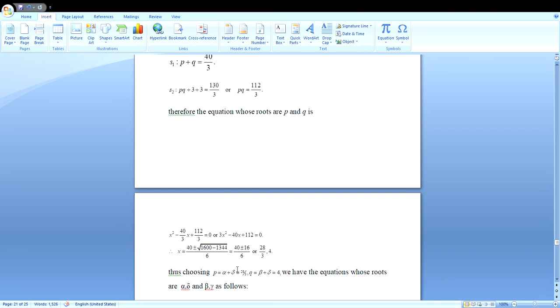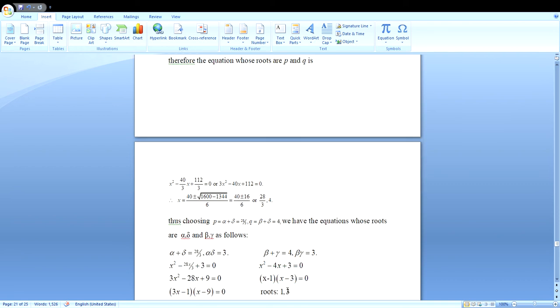4. Thus choosing P equal to alpha plus delta as 28 by 3 and Q beta plus gamma 4, we have the two equations whose roots are alpha comma delta and beta comma gamma as follows. That is alpha plus delta is 28 by 3, alpha delta is 3.